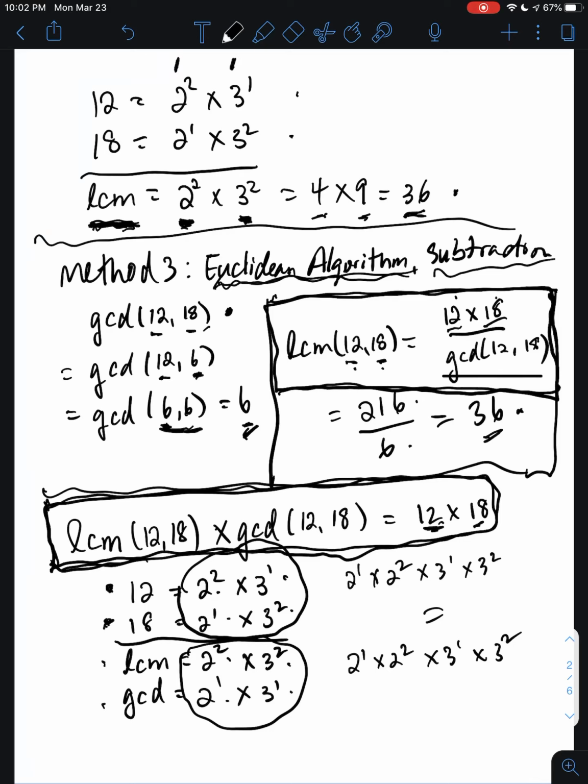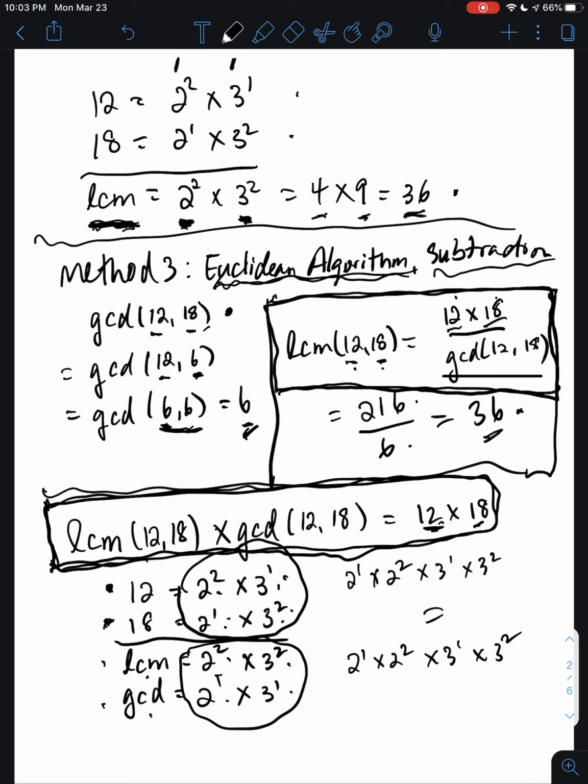And remember, 12 is 2 to the power 2 times 3 to the power 1. 18 is 2 to the power 1 times 3 to the power 2. Okay, so on the bottom here, I have both the LCM and the GCD.